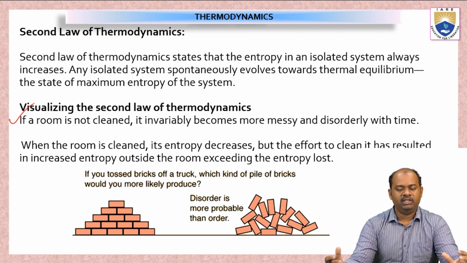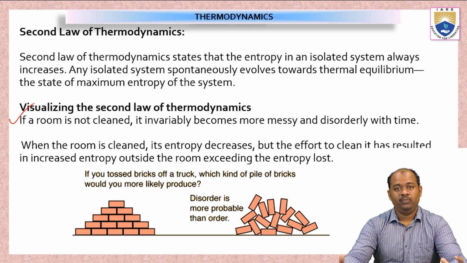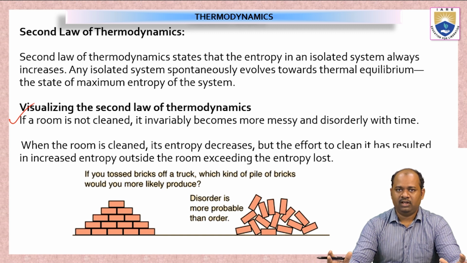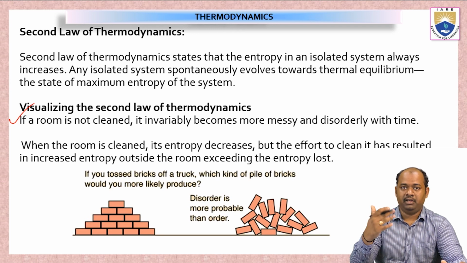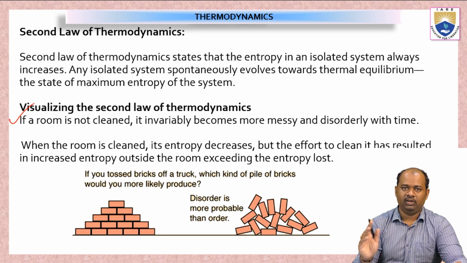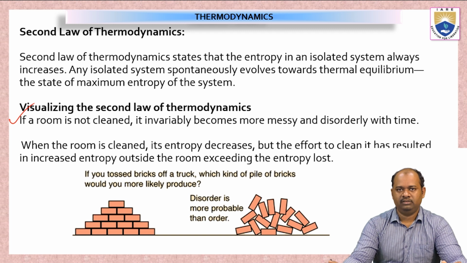Now, when I try to clean the room after one month, its entropy decreases. The randomly arranged objects inside the room are cleaned. After one month, when I did not clean the room, it will have more entropy, which means the molecules or atoms are randomly arranged inside the room.